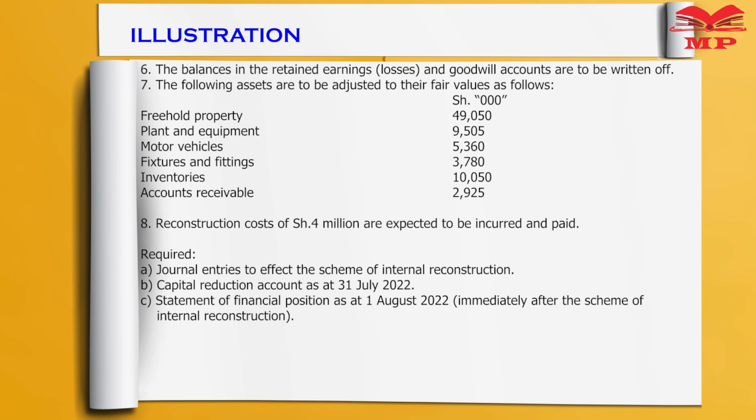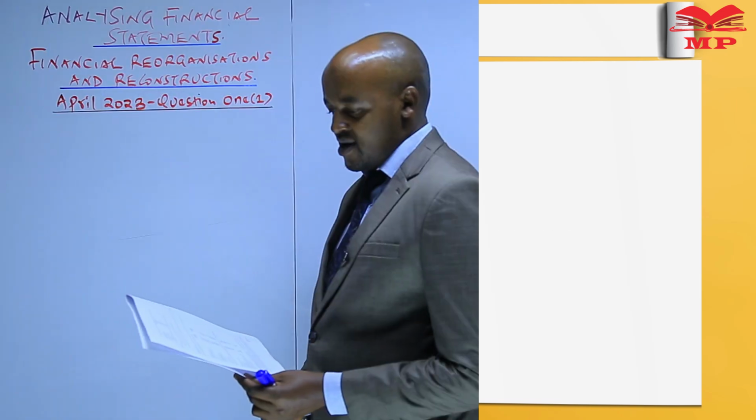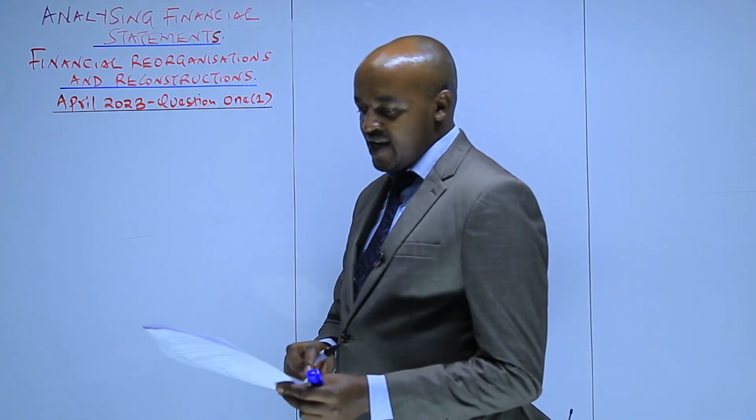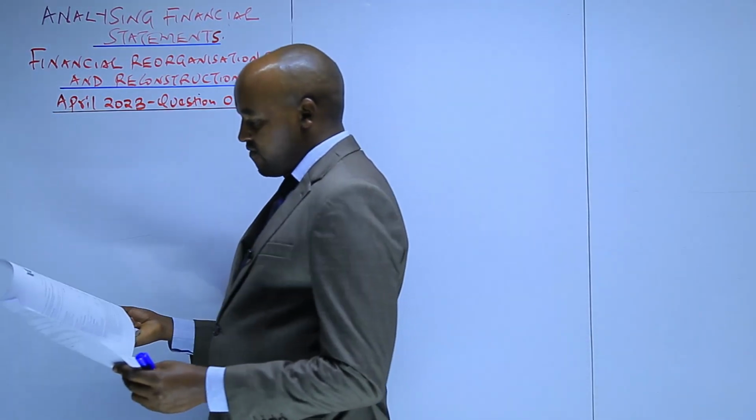So this is basically a question on internal reconstruction, and we are required to do a number of things. Number 1, make the journal entries to account for the proposed scheme of internal reconstruction. Part B, prepare the capital reduction account. And finally, prepare the statement of financial position of this company immediately after the scheme of reconstruction.